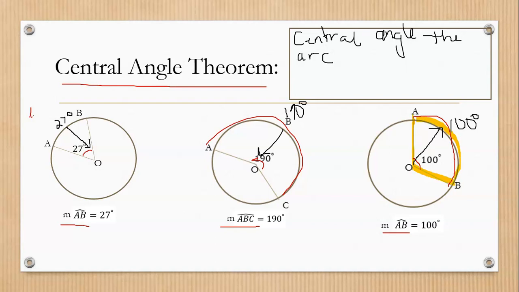It makes a piece of the pie. So the central angle and the arc that intersects it are congruent. They are equal. So a lot of people love this theorem because it just makes sense, right? The angle that's formed in the center of the circle is equal to the measure of the arc across from it.